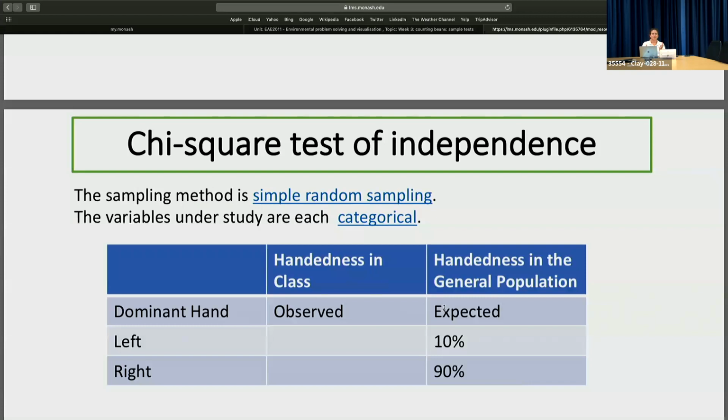Whether it's boy-girl, it would be 50-50 as my expected value. But with this one, I have a priori knowledge that this is the distribution in the general population. So I'm expecting 10 and 90, and I can go and survey and fill these two.